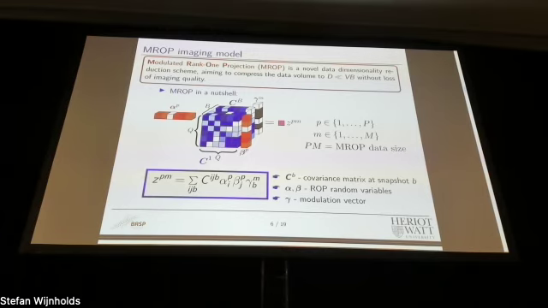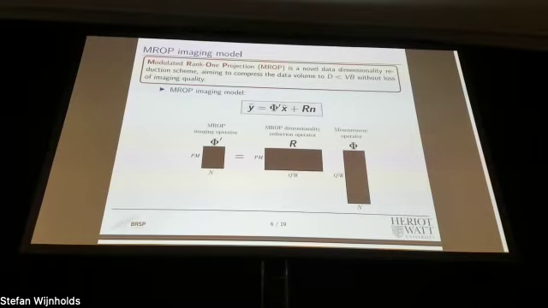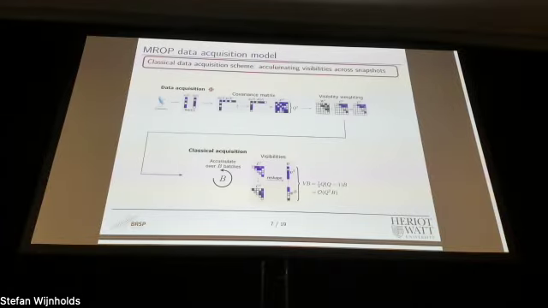So at the end, we end up with data of size capital P by capital M. And during imaging, using this MROP is basically just appending the dimensionality reduction operator to the data model, which is doing the rank 1 projection followed by the modulation, which then forms the phi prime you see on the left. Hopefully it will be smaller than phi, and we'll see if that is true or not.